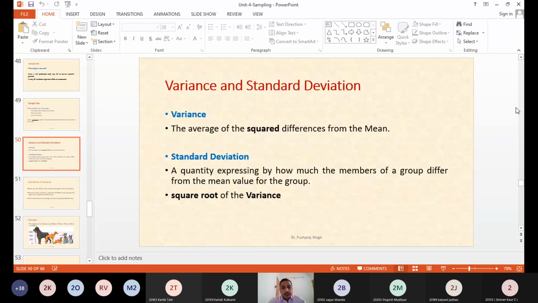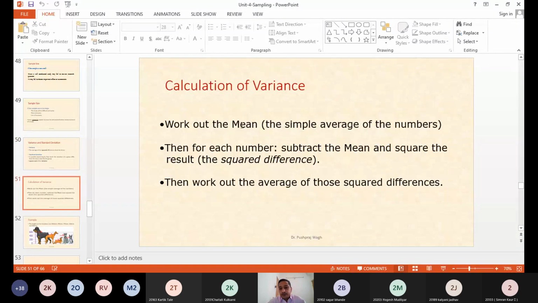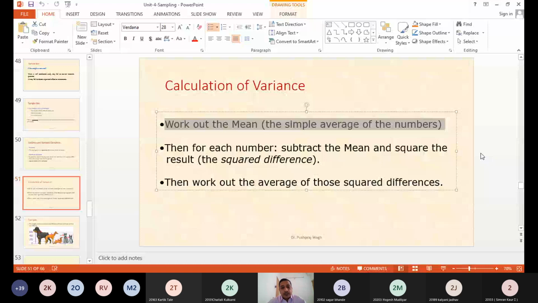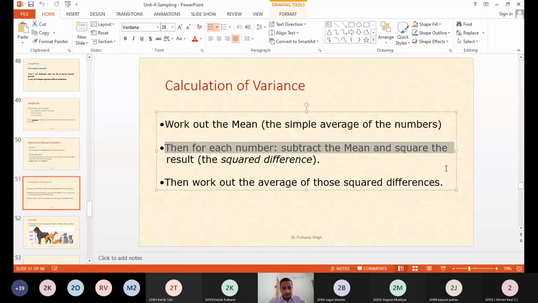First of all, work out the mean: calculate the simple average of the numbers. Then for each number, subtract the mean and square the result. That means calculate the difference of each number from the mean, square it, and then take the average of all those squared differences.